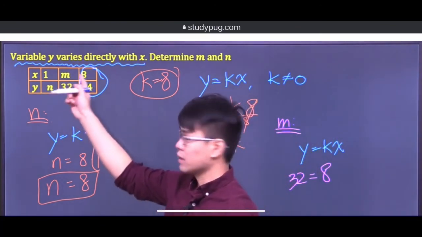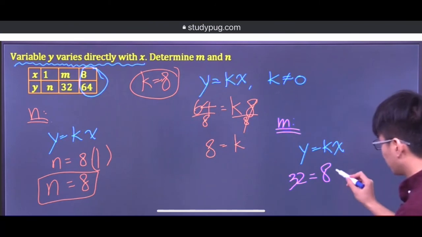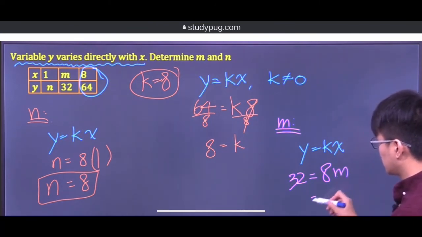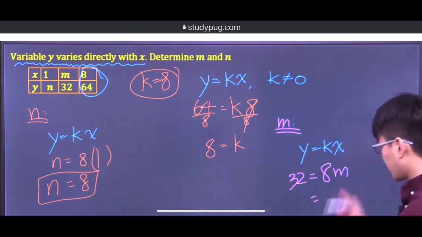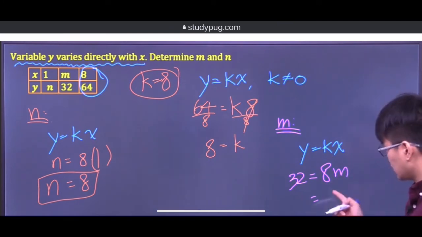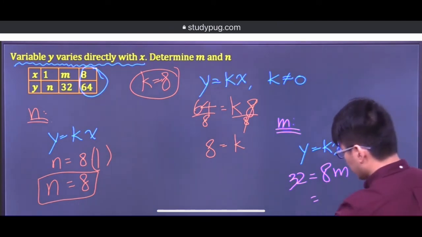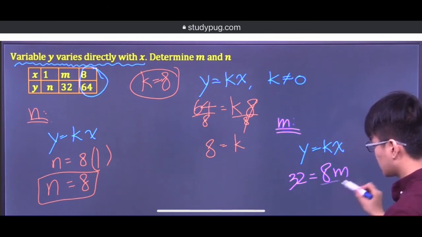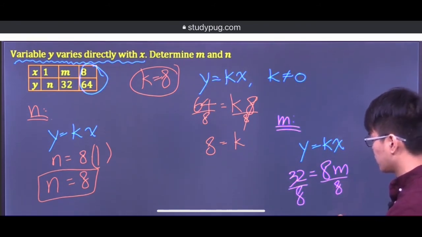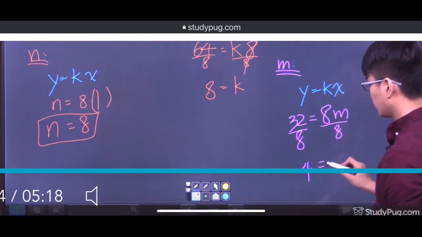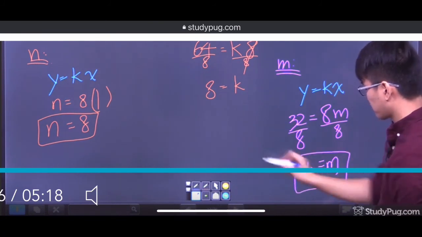Our x value would be m. Very straightforward, we just plug things in. To solve for m, we need to isolate m, which means dividing both sides by 8. 32 divided by 8 is 4, so m is 4.